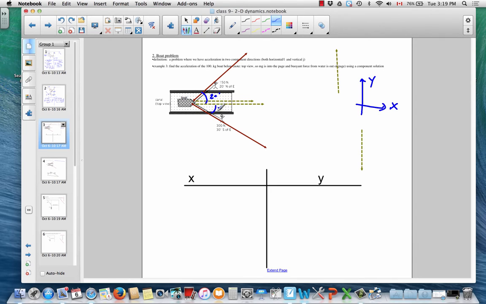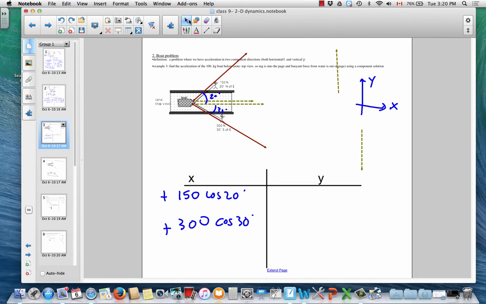In both cases, those are adjacent components, and in both cases, they're positive. So this is going to be 150 cos 20 positive, and this is going to be 300 cos 30 positive. And so you would add those together to find the resultant x force.